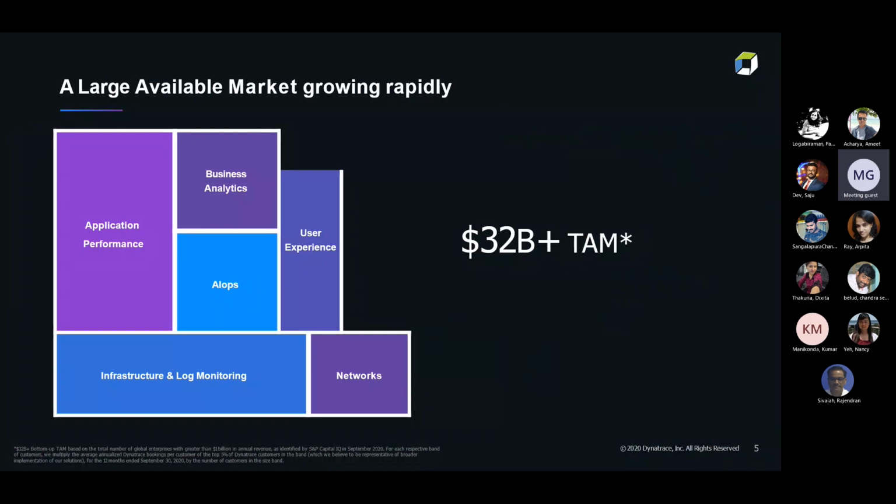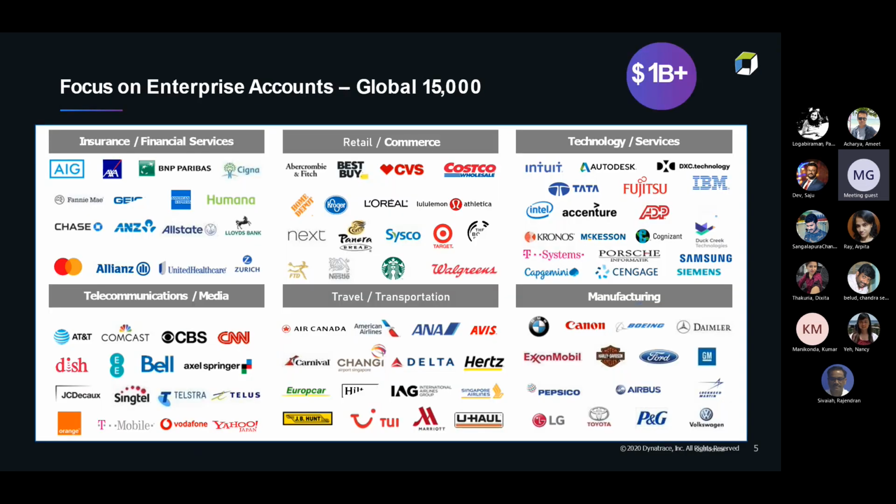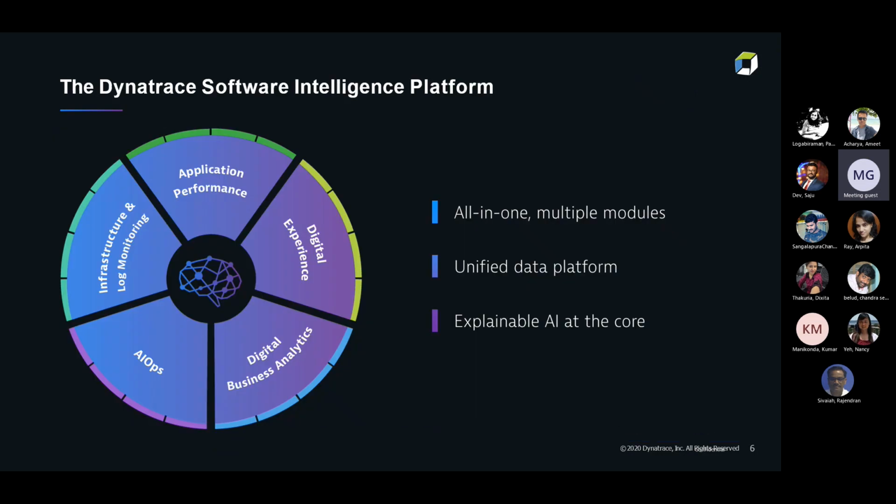You can look at this: the observability market is growing, and these are the areas they are targeting. These are their clients. They have more than 50,000 clients globally, and they are focusing on almost everything. So basically here Dynatrace says, hey, all in one.